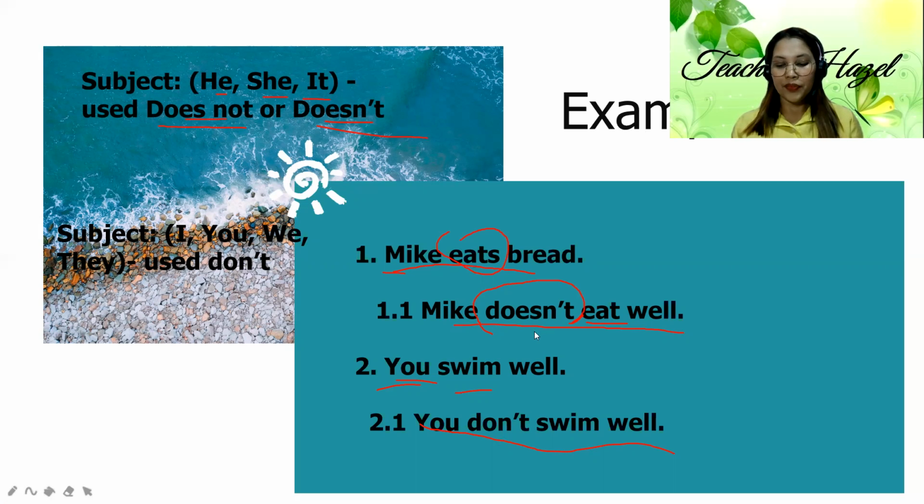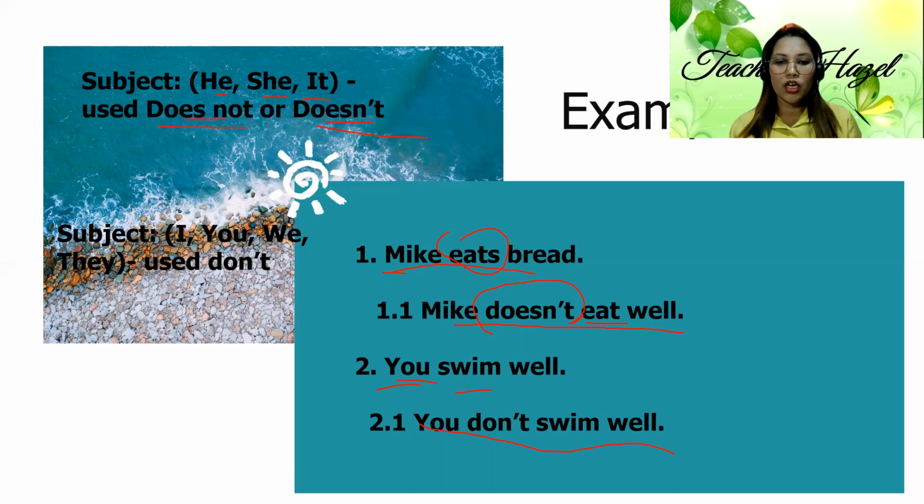So I took does and not and turned it into a contraction by combining the two to make doesn't. Okay. Now let's move on to number 2.